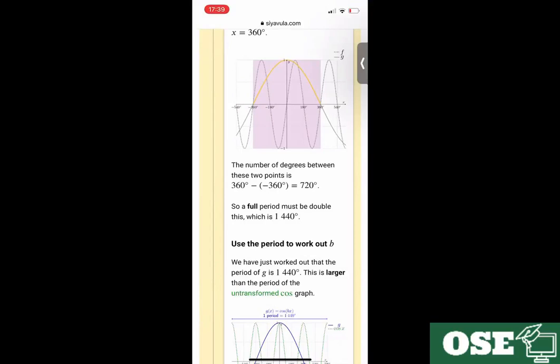So a full period must be double this, which is 1440 degrees. Does it make sense? Or do you want me to explain? Yes, ma'am. I must explain.